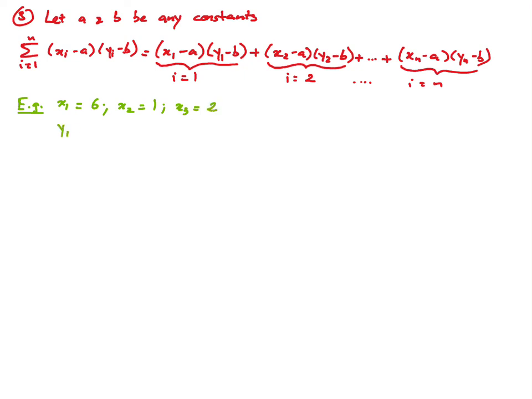Then suppose y1 is 8, y2 is 3, and then y3 is 1. And suppose that a is equal to 3 and b is equal to 4.